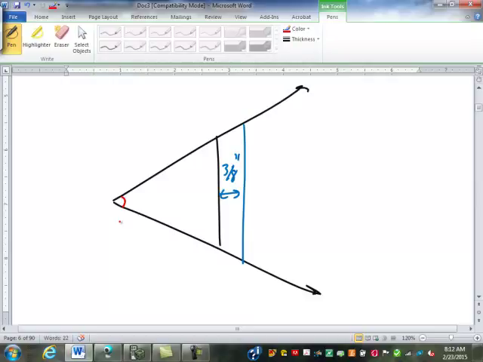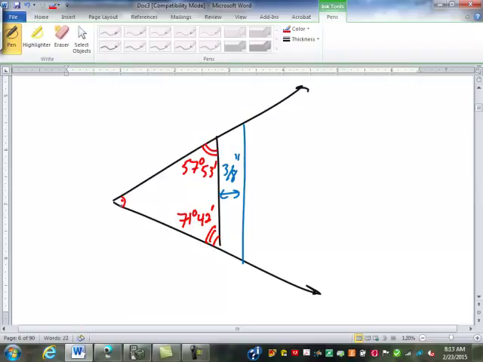If this angle in here is, well, let's do this one first. We'll do this one over here. Let's say this angle here is 57 degrees, 53 minutes. This angle down here is going to be 71 degrees, 42 minutes.